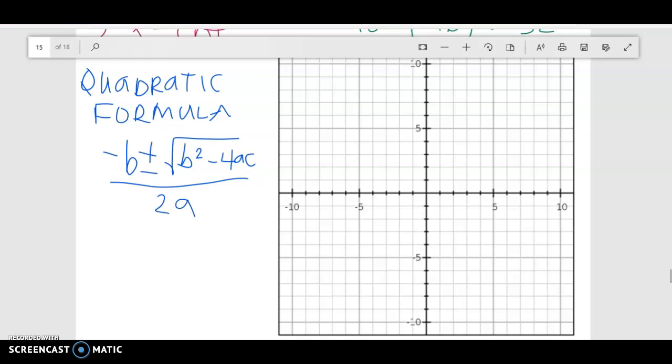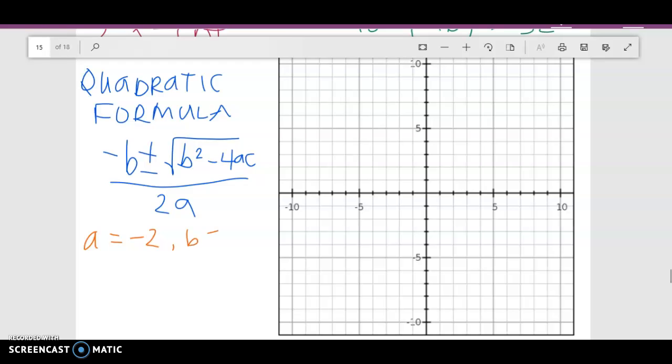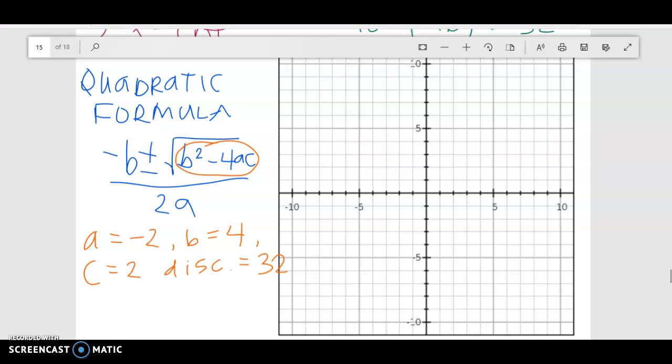Okay, and so what I'm going to do is plug in. Remember, a is still equal to negative 2, b is still equal to 4, and c is still equal to 2. I'm also going to put in that the discriminant is equal to 32, because remember, this is our discriminant expression. We've already calculated it, so we can just throw that in.